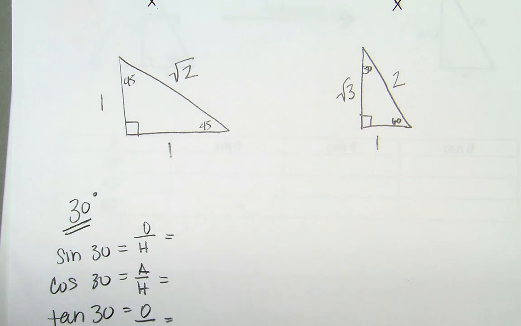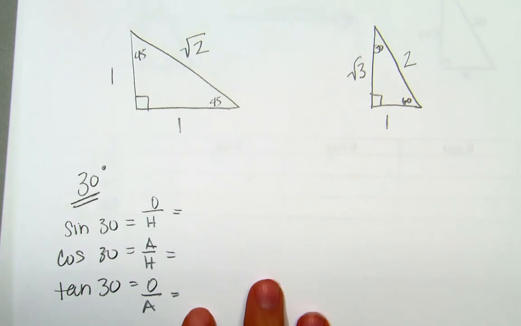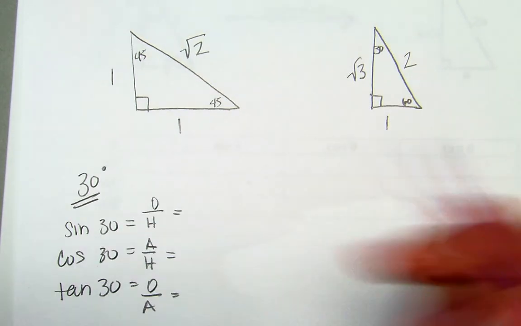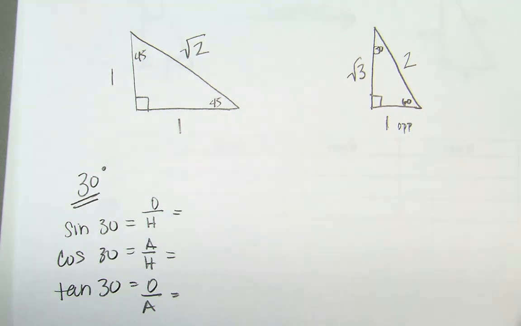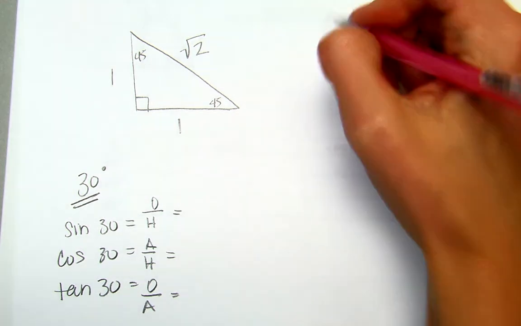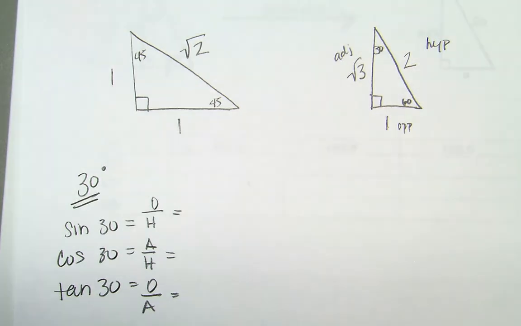So the first thing we need to do is label our sides opposite, hypotenuse, and adjacent. Opposite of 30 is the 1, so we have opposite over here. Adjacent to 30 is the square root of 3, and our hypotenuse in this case is 2.